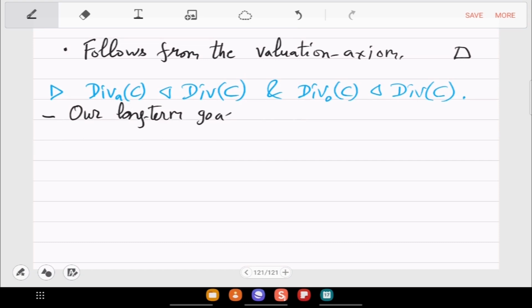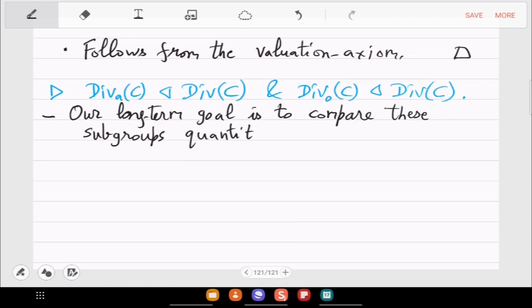So our long term goal is to compare these subgroups and measure them. We will actually want to develop quantitative methods to say this properly: is div A contained in div 0?